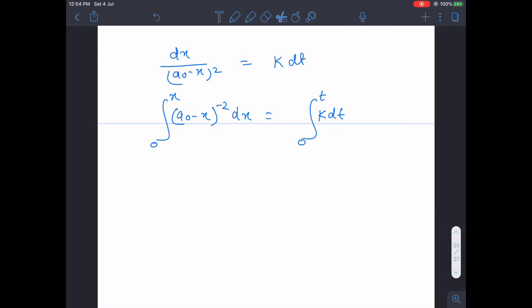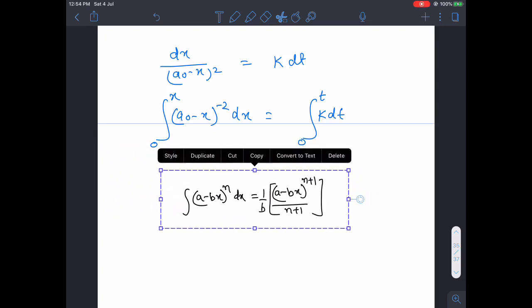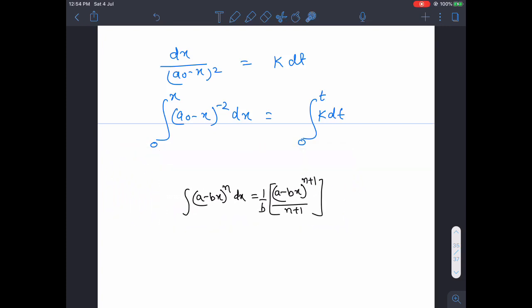Now look at the integral that we have obtained, A naught minus x to the power minus 2 into dx. Using the formula which I discussed at the beginning of the lecture, if you have an integral of the type A naught minus bx to the power n, then the final integral will be the same thing to the power n plus 1 divided by n plus 1, and whatever the coefficient of x is, we divide by it, 1 by b.